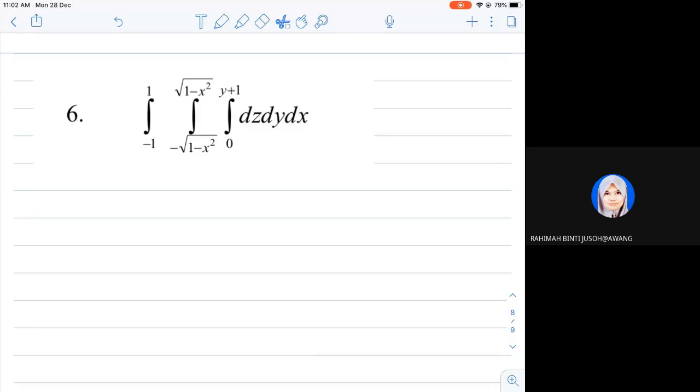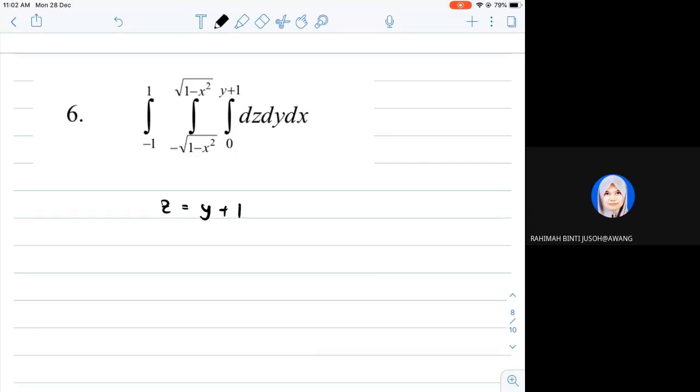Okay, when this type of question, you have to imagine dia bentuk apa dalam 3D guys. Sebab dia nak sketch the solid region kan. Kalau tak suruh sketch, kita boleh calculate je. Tapi dia suruh sketch. Okay, so from the limit, we know that z equals to y plus 1.